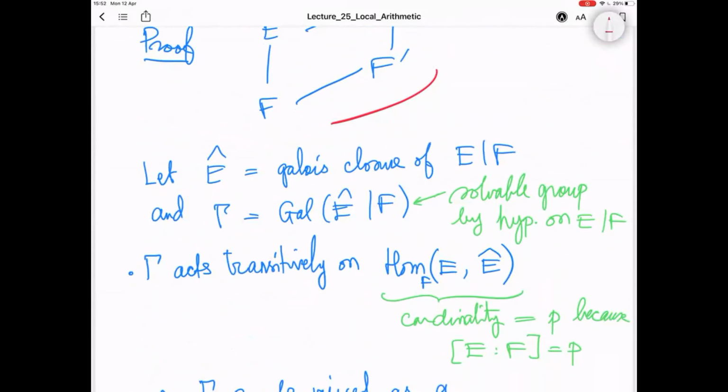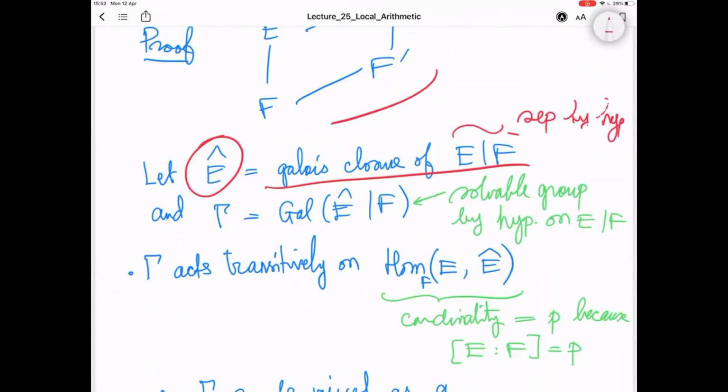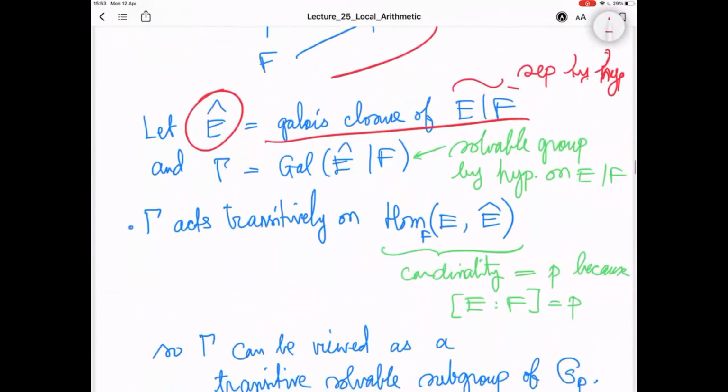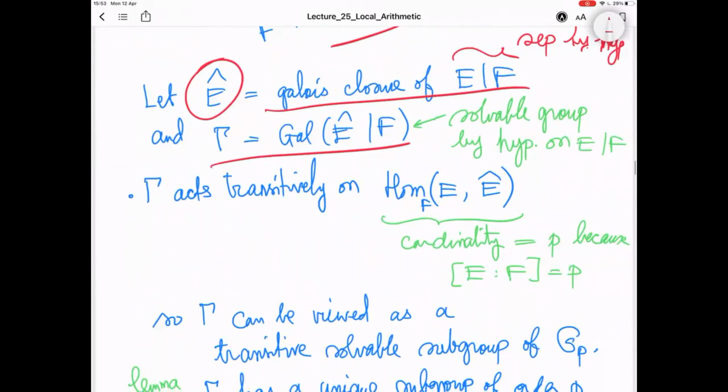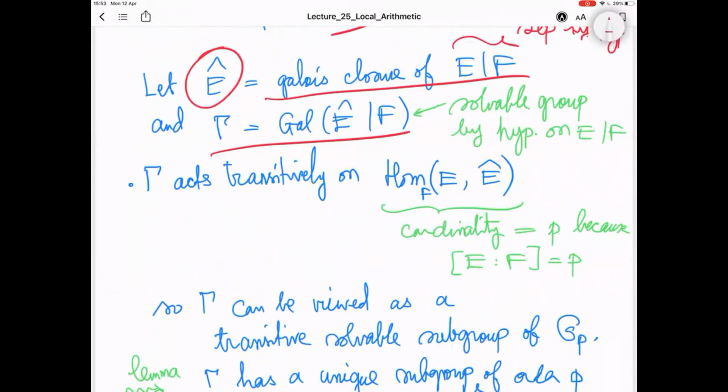So here's the proof. First, you take E hat to be the Galois closure of E over F. There is such a thing because E over F is separable by hypothesis. Take the Galois closure, take the Galois group. Now, what do we know about this Galois group? We know that it's solvable. Why? By hypothesis on E over F, when I take the Galois closure, I get a solvable group.